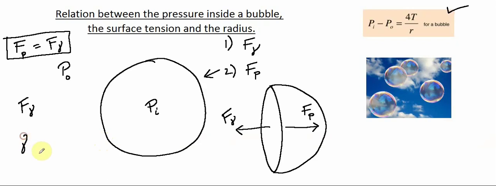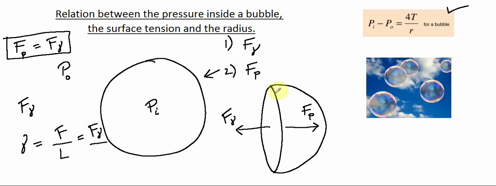The surface tension is defined as the total force divided by the total length. So the total force is F gamma, divided by the total length.